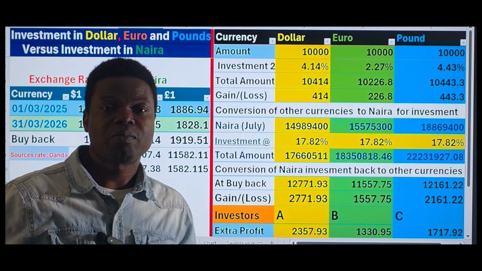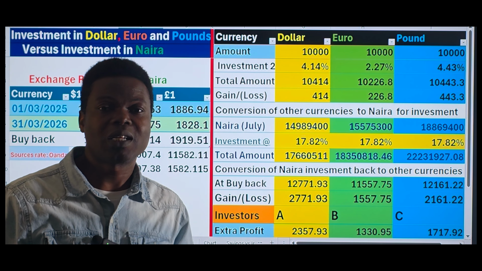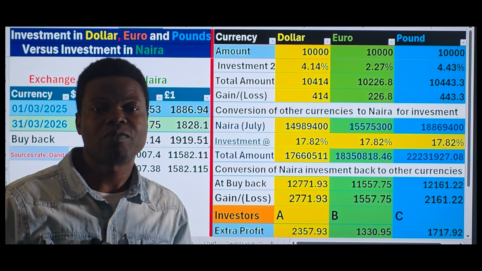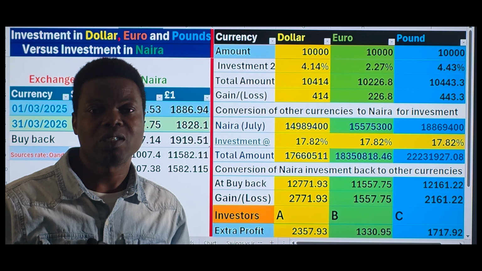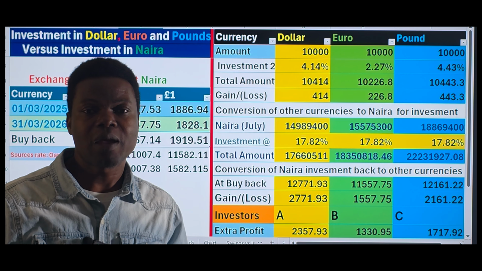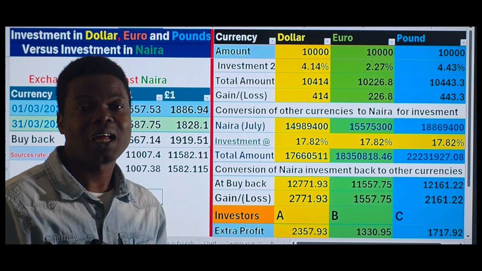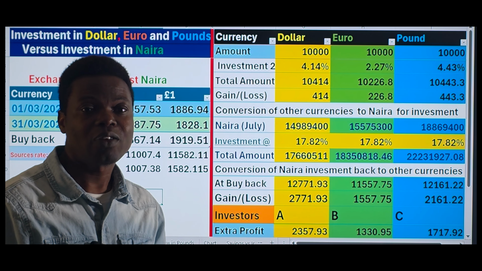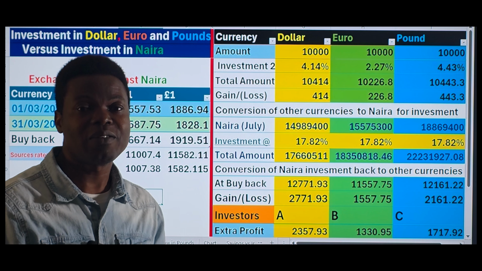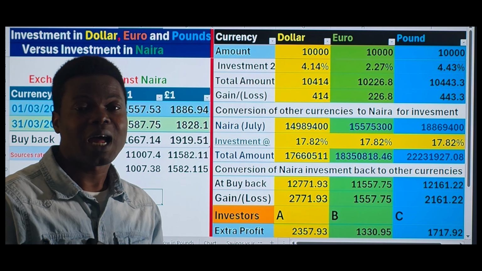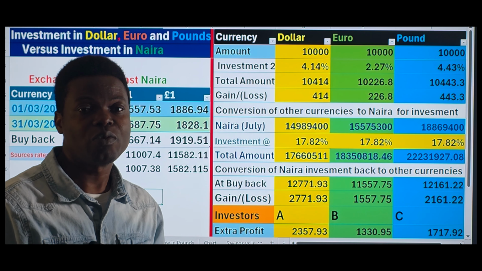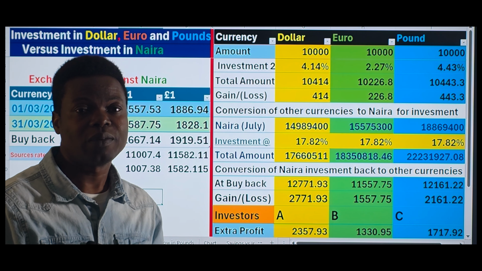The investment duration we are going to be looking at is from 1st of March 2025 to 31st of March 2026, which is a 1 year period. For this analysis to be easy to understand, we are going to assume that we have three investors that are either living in America, in a country in Europe, and in the UK.